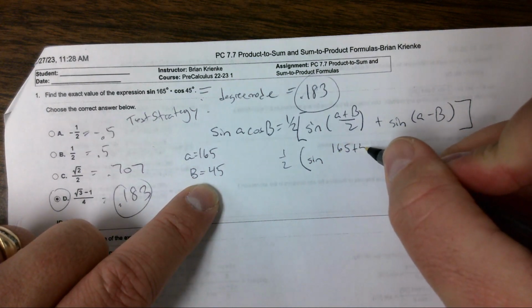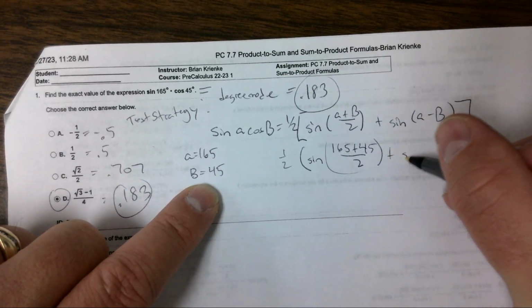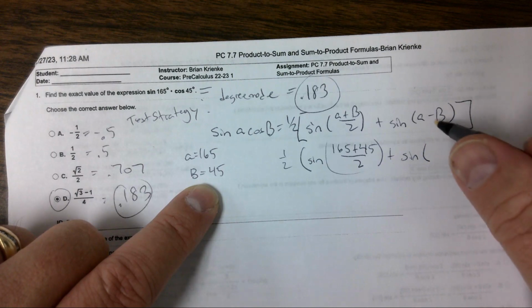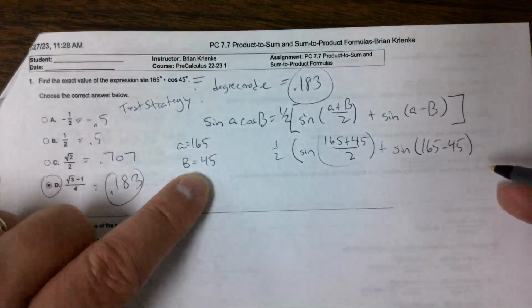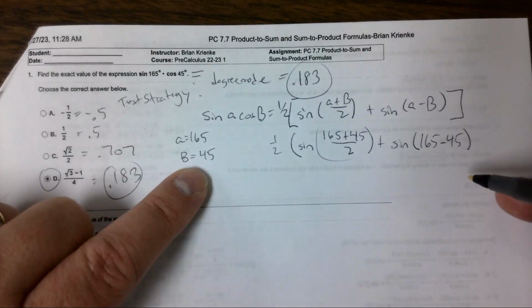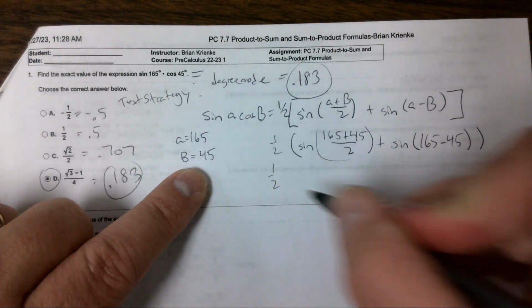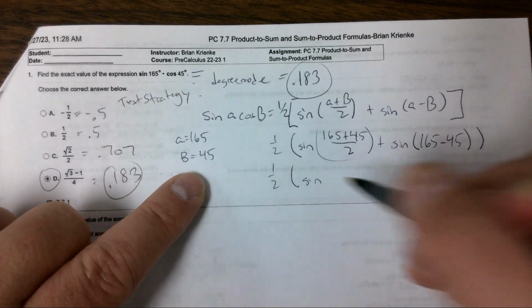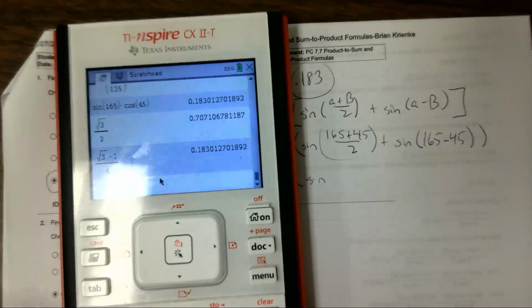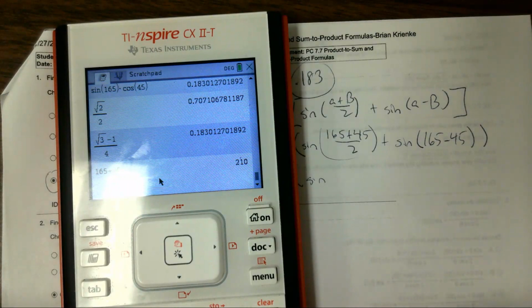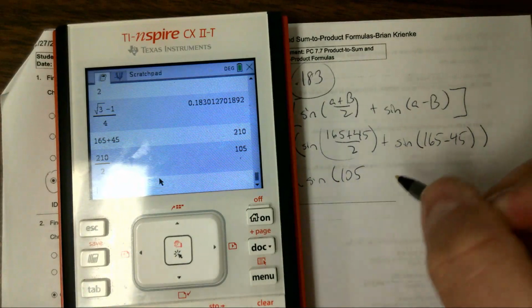So we have 165 plus 45 over 2. And on this one we have 165 minus 45. So let's simplify further. So 165 plus 45 is 210. Divide by 2 is 105.